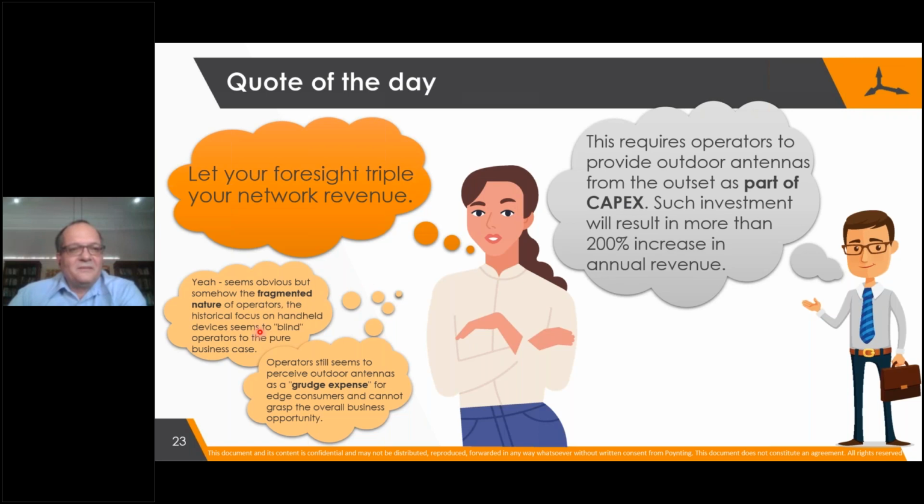Because of the historical factor, they're often blind to this type of thing, and they perceive it as a grudge expense. So when I go to operators, they want to improve some important people, big spenders' experience. That's why they put external antennas up. They see it as some expense that they have to incur to solve problems.